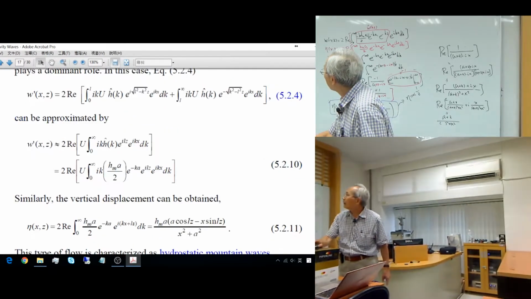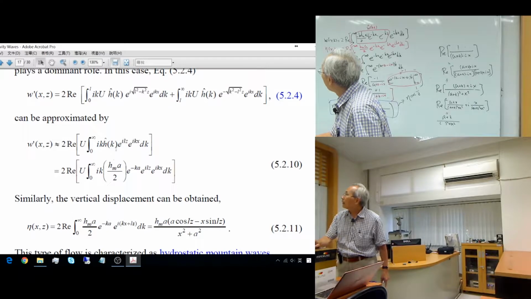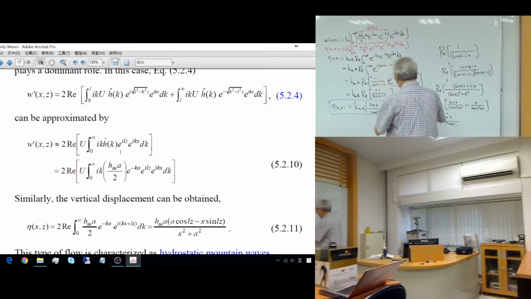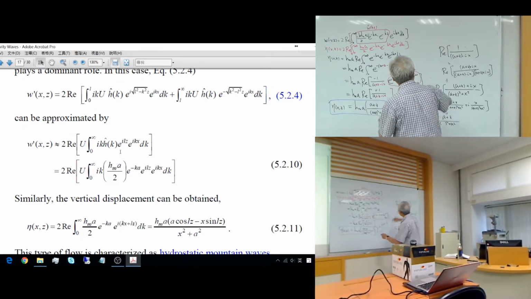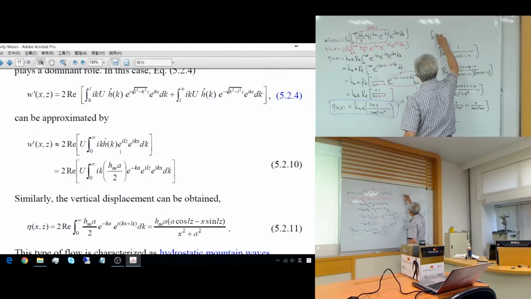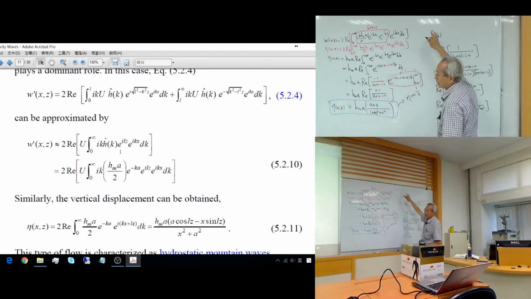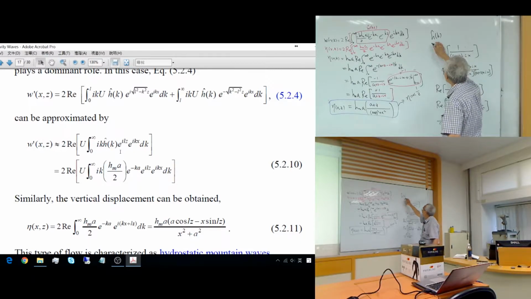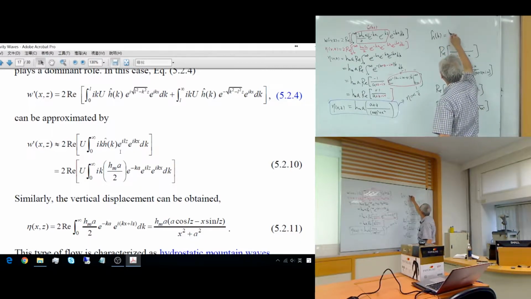Now if we plug in H hat K, just a reminder, that's the phase transformed function of H, that equals Hm times A divided by 2 e to the minus Ka.